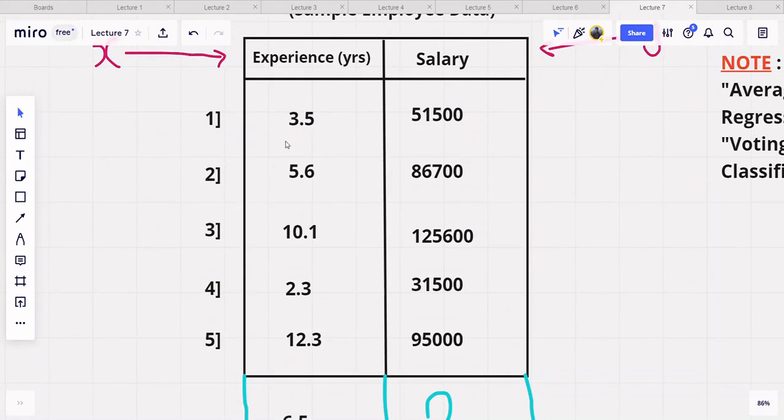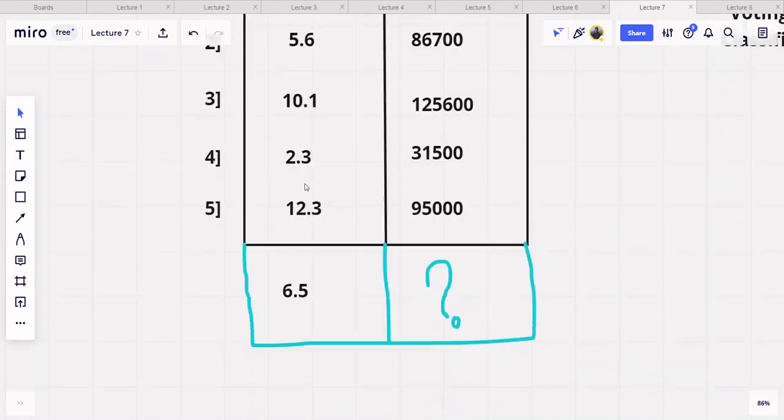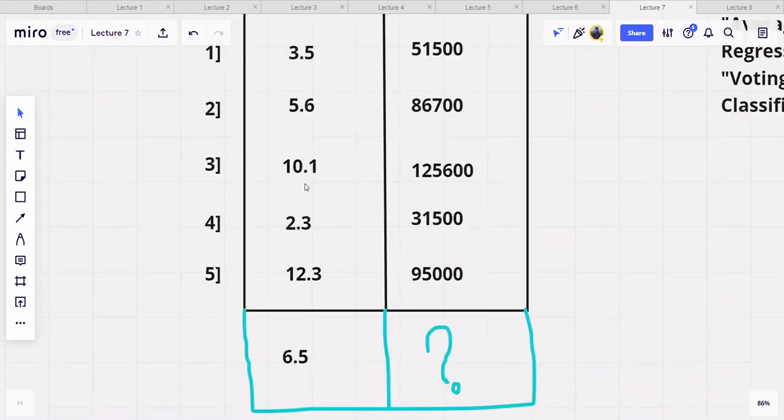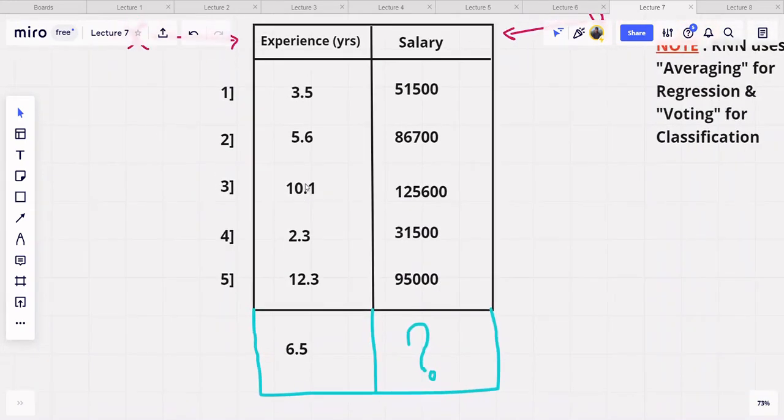Now let's say that we want to predict the salary for a person whose experience is 6.5 years. How will we do this? If we were to use linear regression, we would have created a scatter plot and tried to find a line of best fit, something like that.